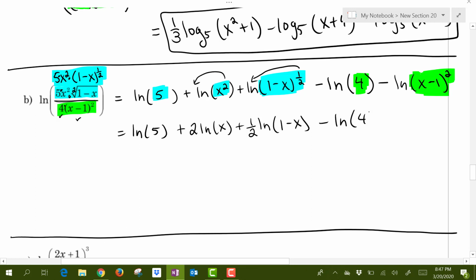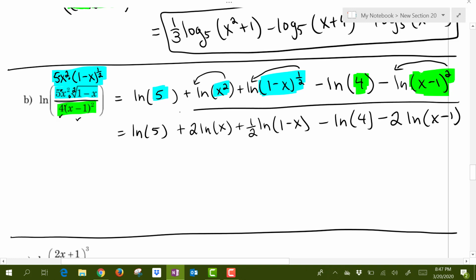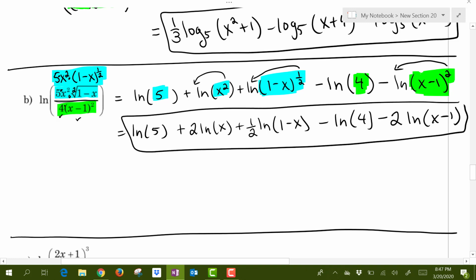Here there's no power to bring out. On the last log, everything inside is being raised to the power of 2, so I can bring that 2 out to the front of that log. So it becomes negative 2 natural log of x minus 1. And that is the expansion.